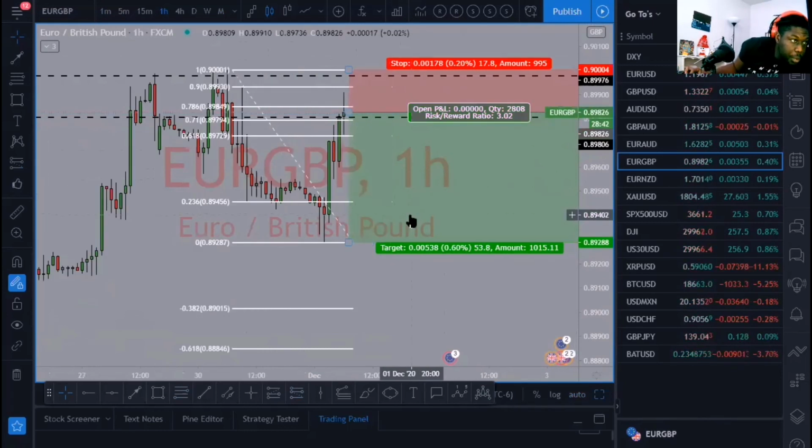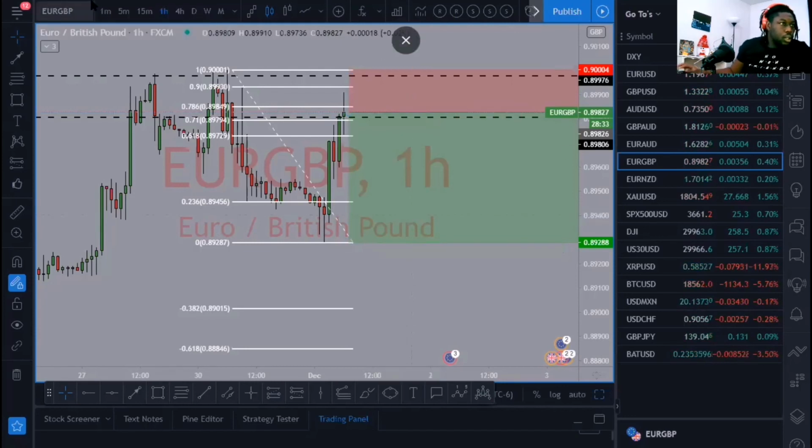So Euro GBP. I'm going to go ahead and get into this sell, and stop loss is at basically 0.900.